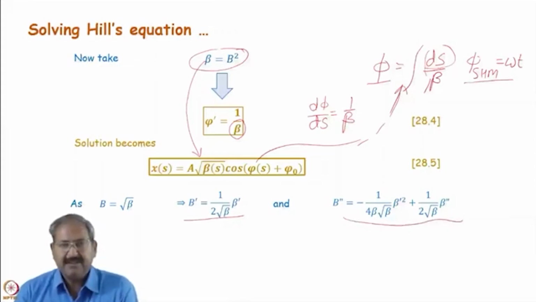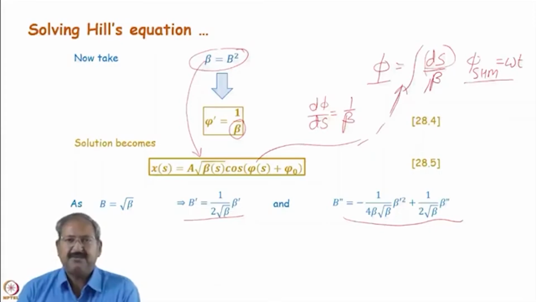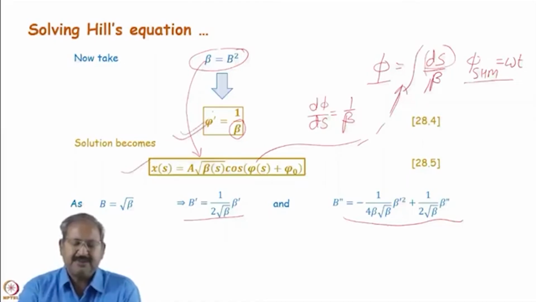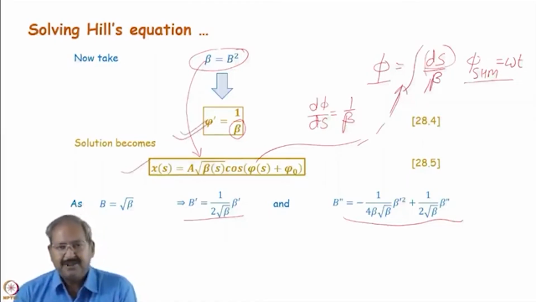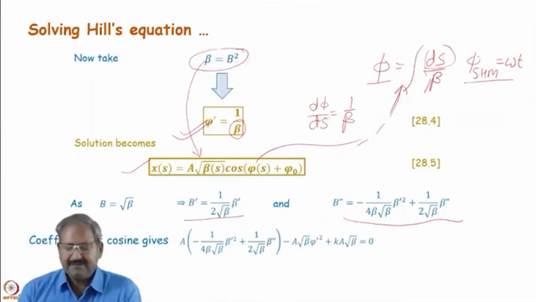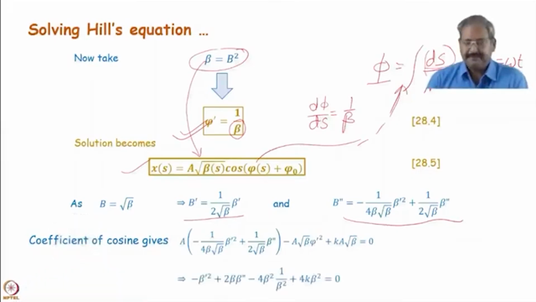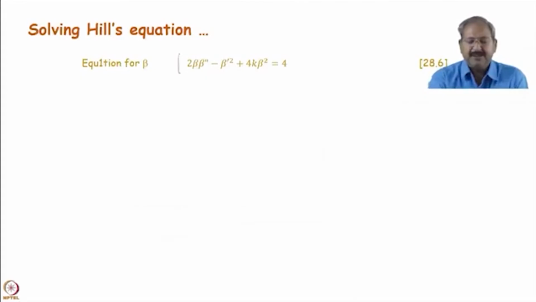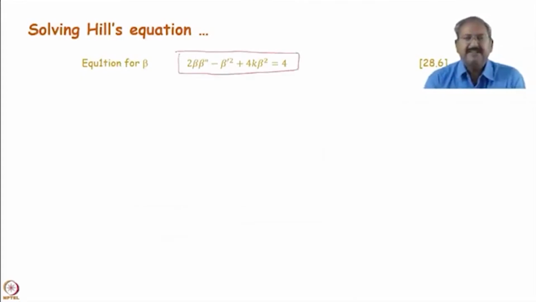So now if we make the coefficient of the cosine term 0, we'll get the second equation. The first equation was obtained using the coefficient of the sine term equal to 0. So in this case, we will get the equation of beta, and this is the equation of how beta varies with s. This is a bit complicated. However, in later chapters, you will see that it can be reduced to a very simple form. So right now, we will not talk about this equation anymore in this lecture.